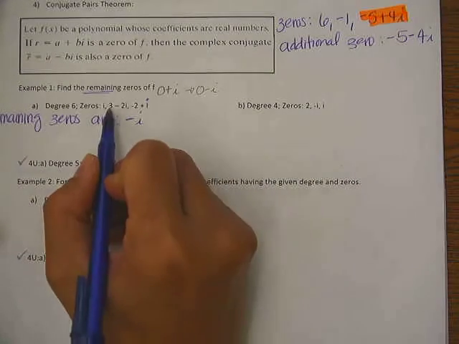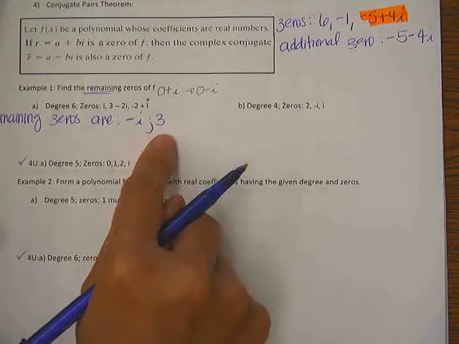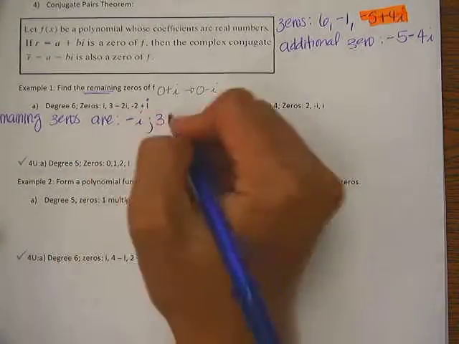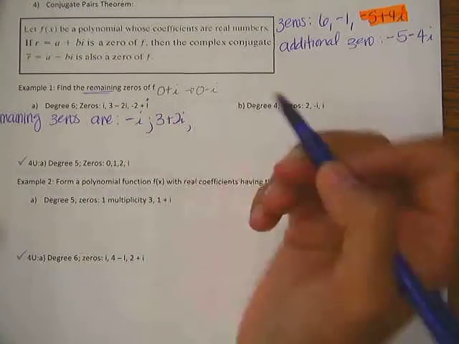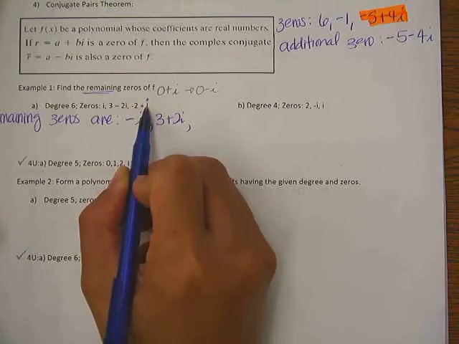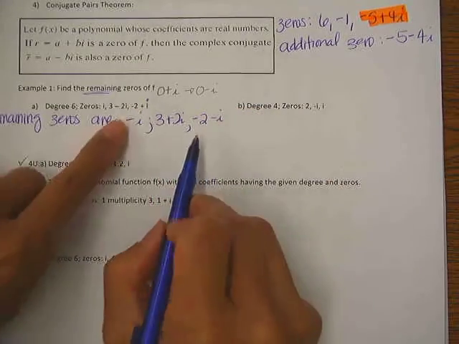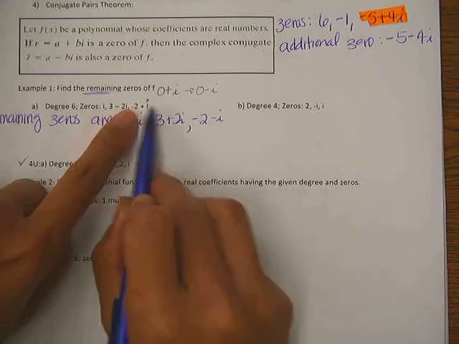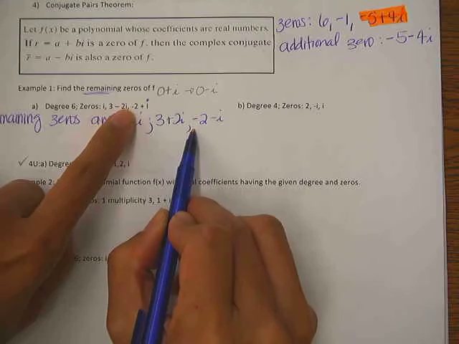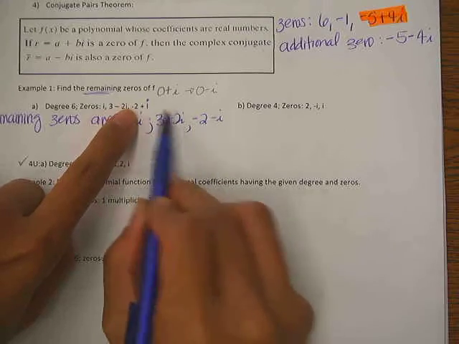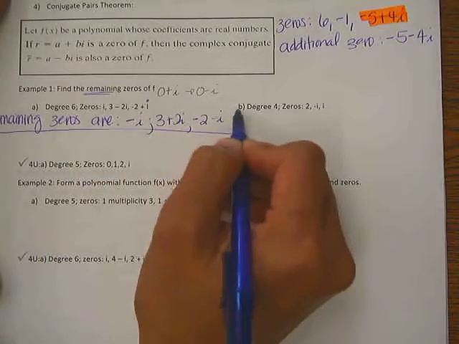Then the conjugate of 3 minus 2i would be 3 plus 2i. And the conjugate of negative 2 plus i would be negative 2 minus i. Keep in mind, the sign only changes right in the middle, not the first. So you have to be very careful, and box that up.